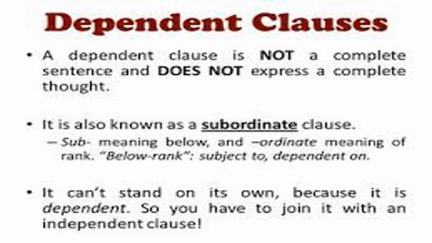It means below rank, something that cannot exist on its own, something that is dependent. It cannot stand on its own, and because it is dependent, we call it a subordinate clause. So you always have to join a dependent clause with an independent or main clause to give a complete meaning.